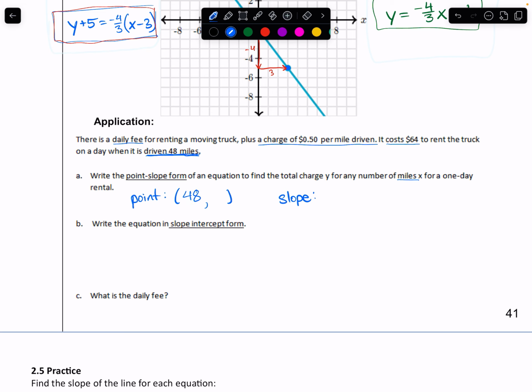That is paired with the cost of $64. That was our y value, our total charge. So if we're thinking of this as a line, the point (48, 64) is the point that we're given in the word problem. I want you to figure out what the slope would be and then write something in point slope form.